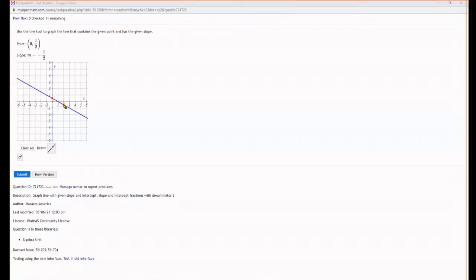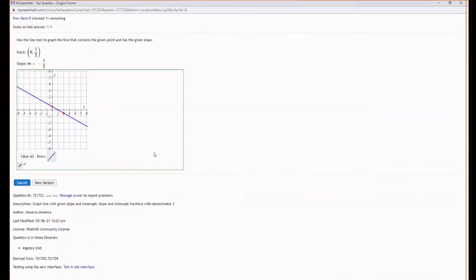Okay, so we're on halves here, so we have to be careful, but we went down by 1 full unit, so we're going from a positive half to a negative half, and then we go over by 2. Okay, does that make sense?